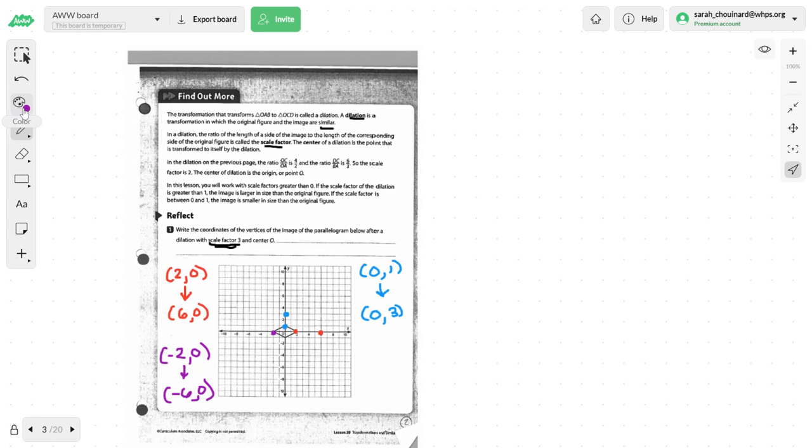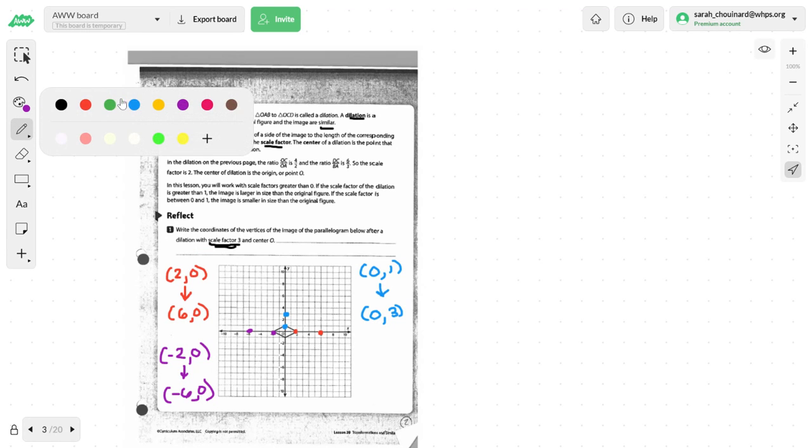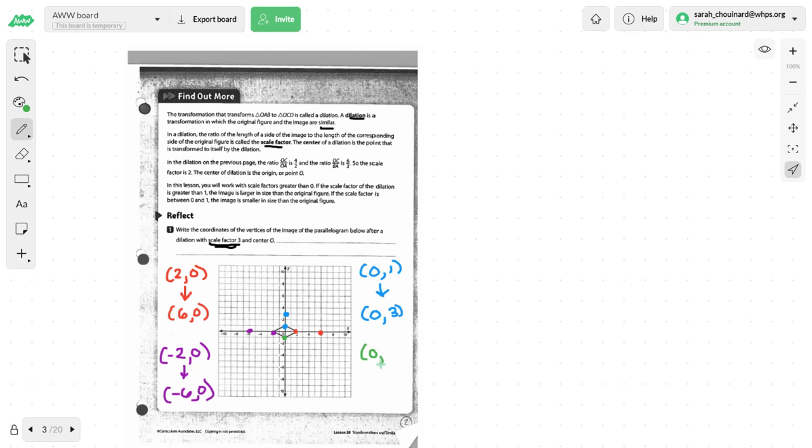And the last one I'm going to scale, oops, let me plot that first. And then the last one I'm going to scale is 0, -1. If I scale that by 3, that becomes 0, -3, which is right there. And so we can see that our shape stayed the same. It's still a parallelogram. It's just 3 times bigger, which would be considered an enlargement.